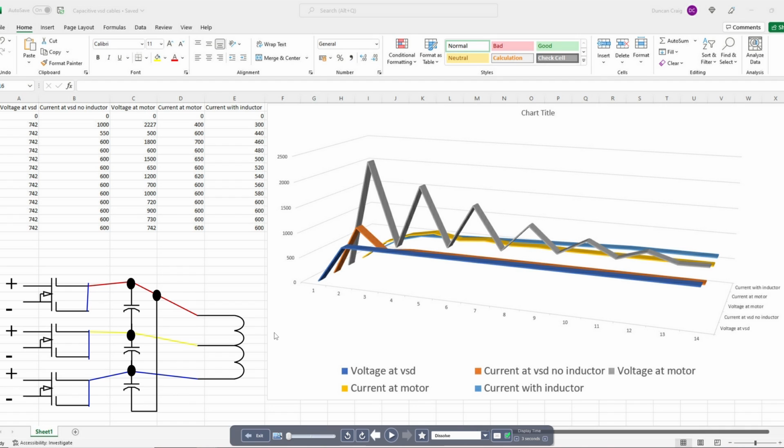And they don't add much in terms of losses to the system either. And yes, there's a little bit of noise coming off them because they're magnetics, but a well-made inductor is not too noisy. So those are the two considerations when adding an inductor, that there's going to be some heat and a bit of noise, but it's not terrible.